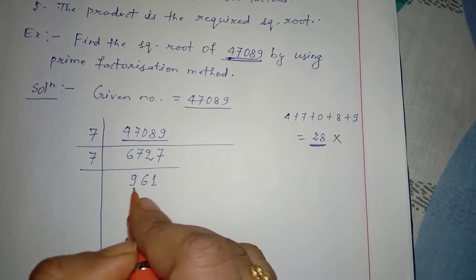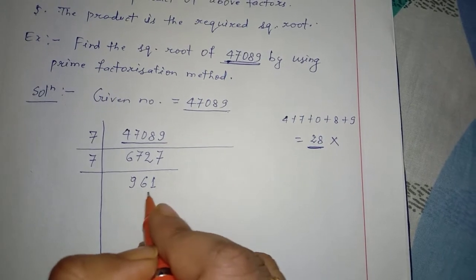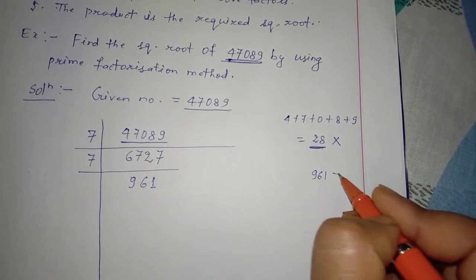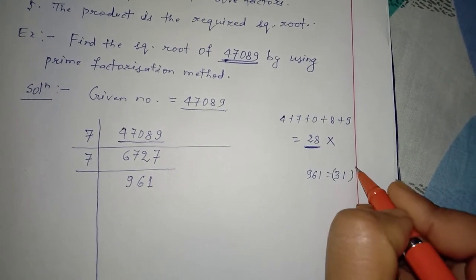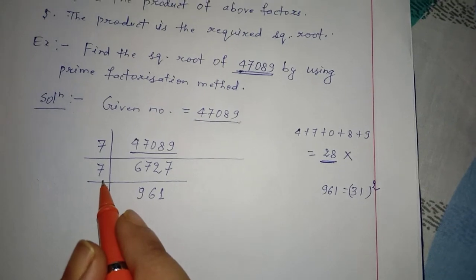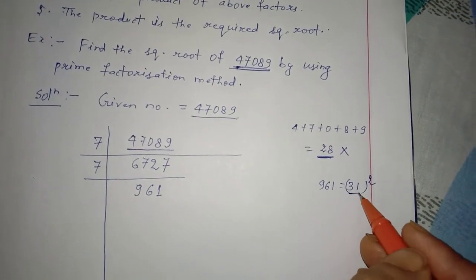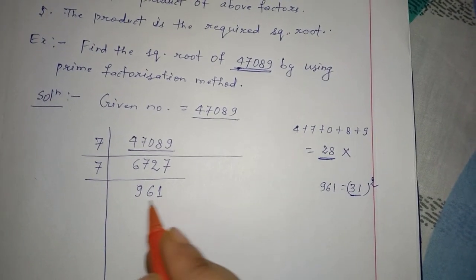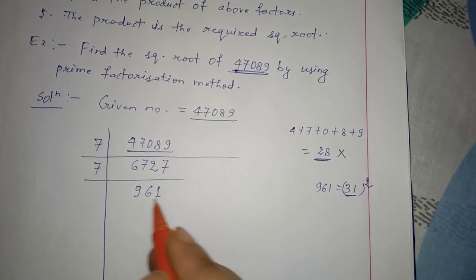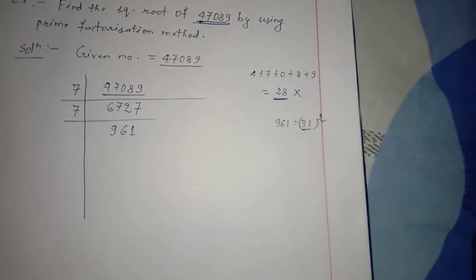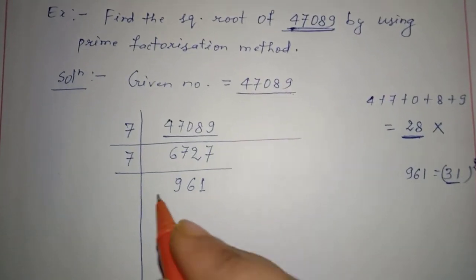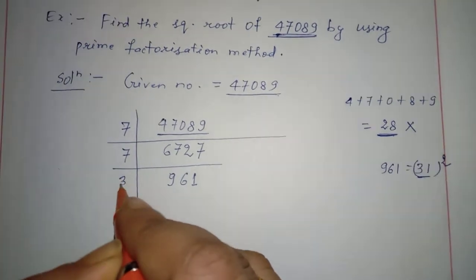And 961 is divisible by only 31, because 961 is the square of 31. So no single prime number other than 31 should divide 961. So only 961 will be divisible by 31.